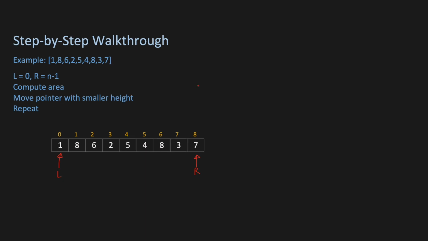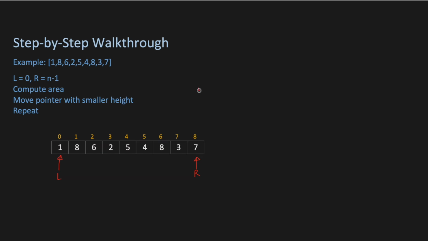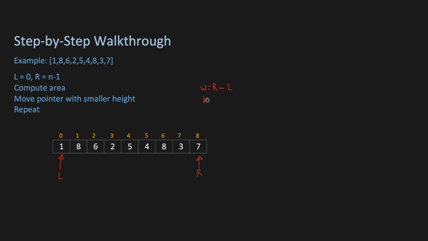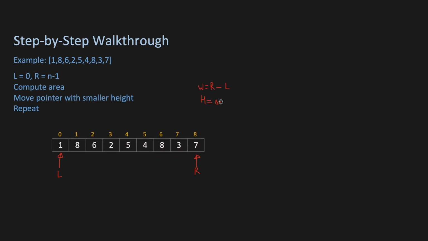As we know, the area of the rectangle is width into height. Here, width will be calculated as R minus L and height will be calculated as the smaller value.